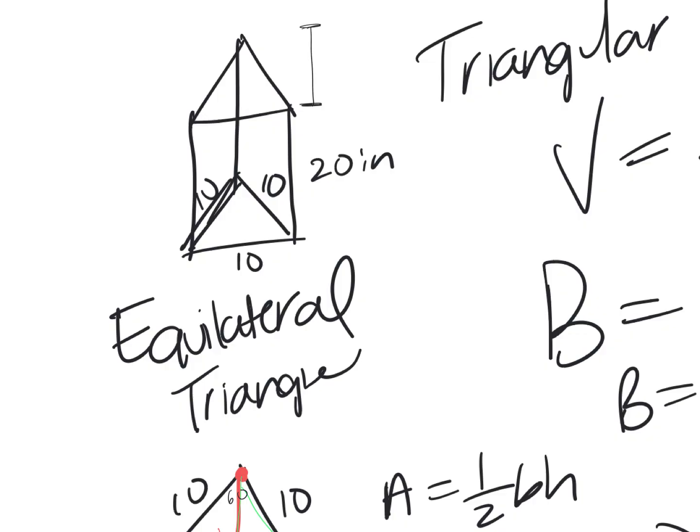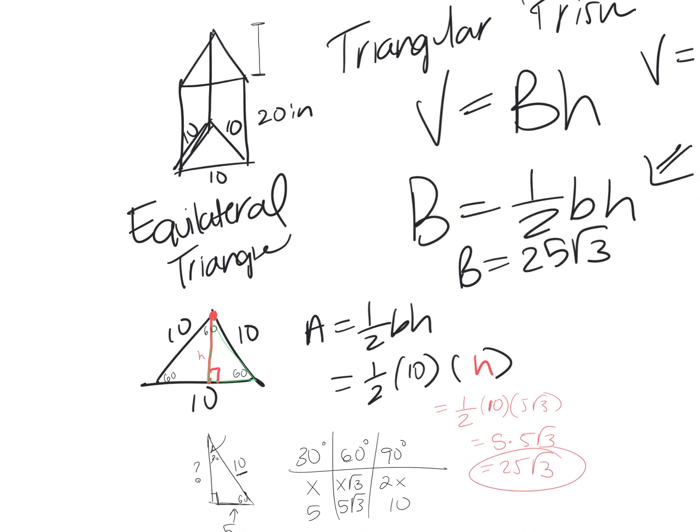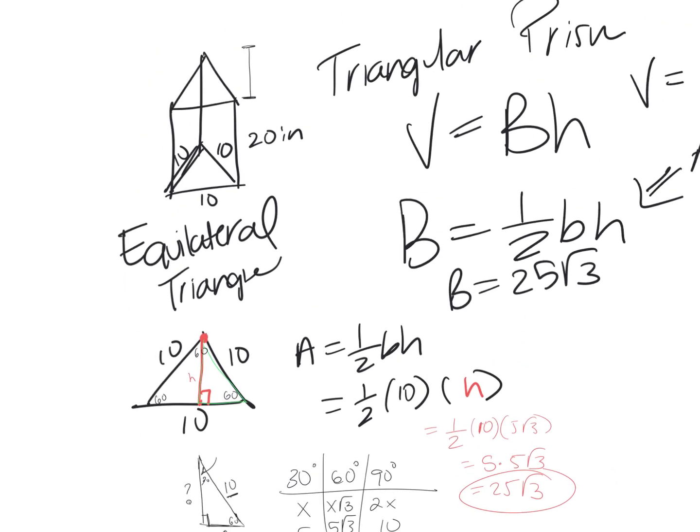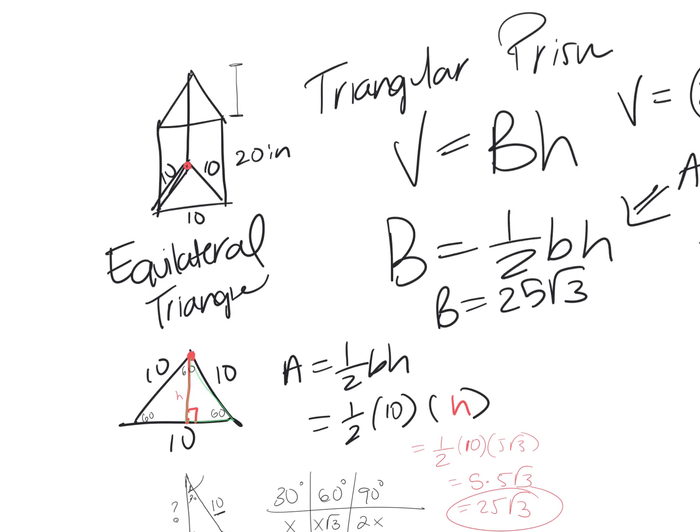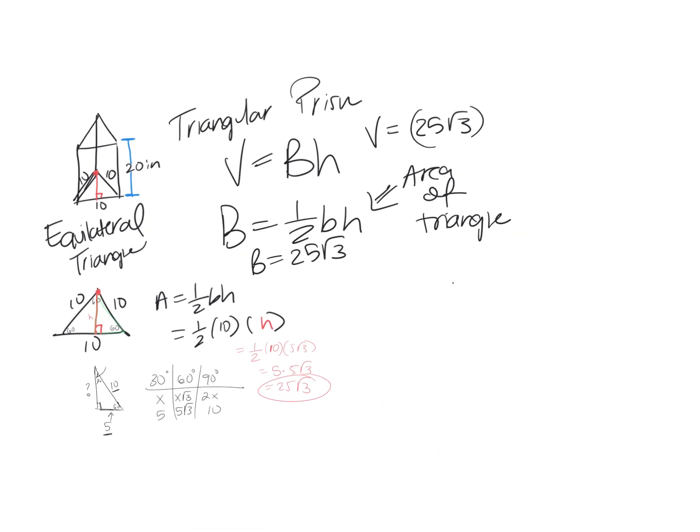Some students might think, oh, the height is 5 square root of 3 because that's the distance from the top to the base. No. In a prism, the height is the distance between the bases. So the height goes from this base to the other base. It's that distance between.